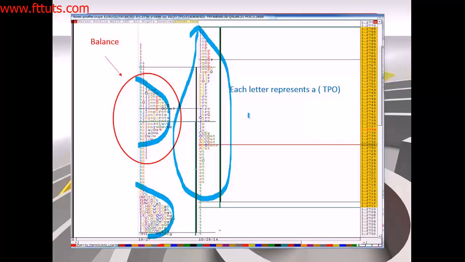Quite often, I find that people who turn away from the profile turn away from it not because the profile is not useful, but because they don't understand the auction to start out with. If they really had a good understanding of the auction market and how it works, and then they began to see how the profile organizes and arranges the data from the auction, they would fall in love with the profile.